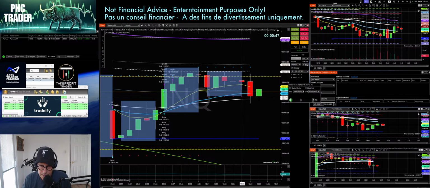But the idea is, because right here the dotted line is a support. Mais vu que le wick est descendu jusqu'ici en bas, et si cette chandelle-ci ferme ici, je vais le prendre parce que j'ai une chance que j'aille chercher mes points.